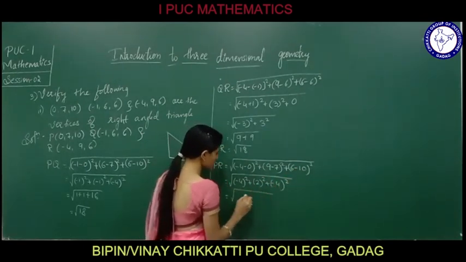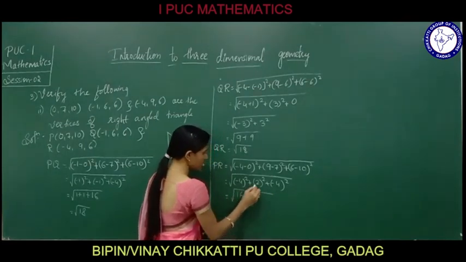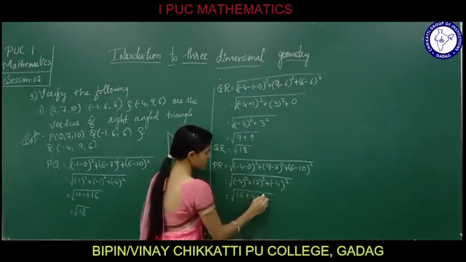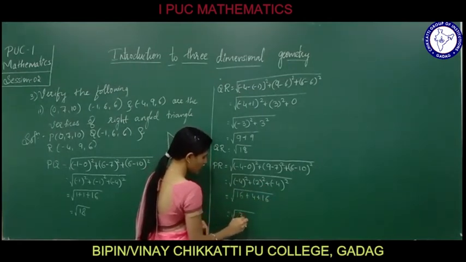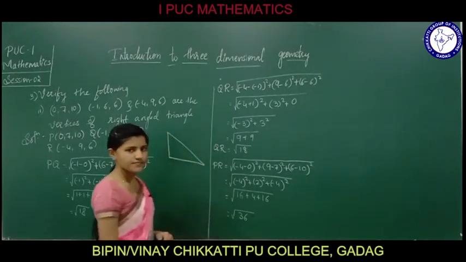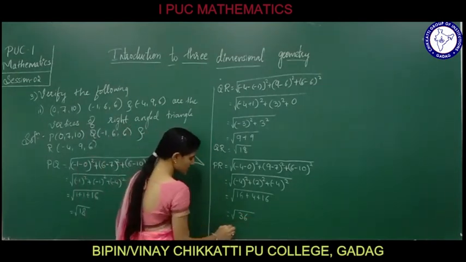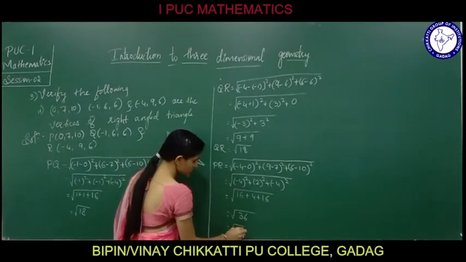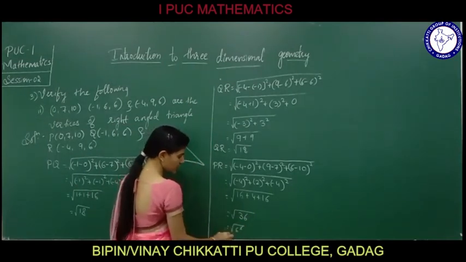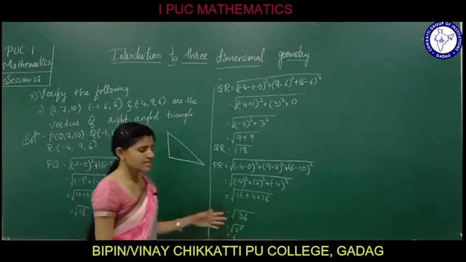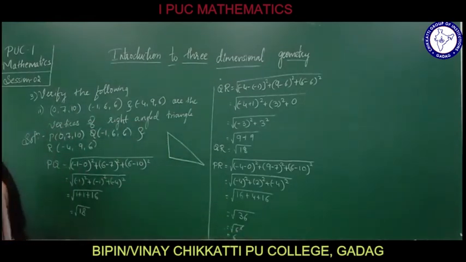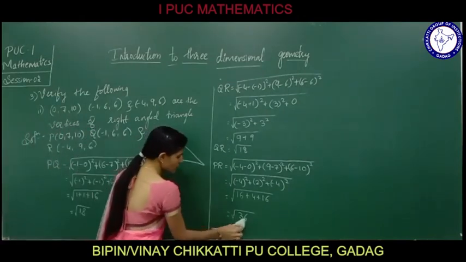That is 16 plus 4 plus 16, so I got root of 36. How can I write root of 36? Root of 6 square, root and square get cancelled, and I am left with 6. Or else just leave it as root of 36.